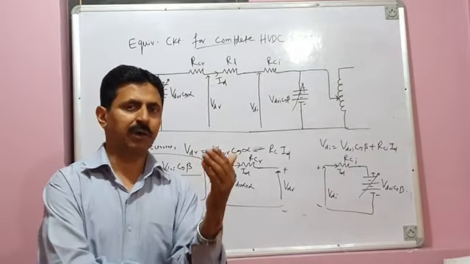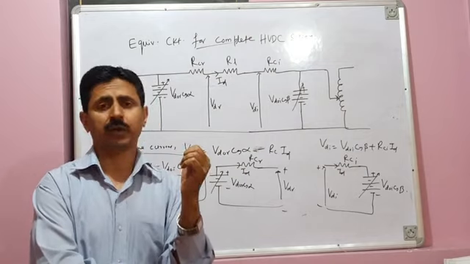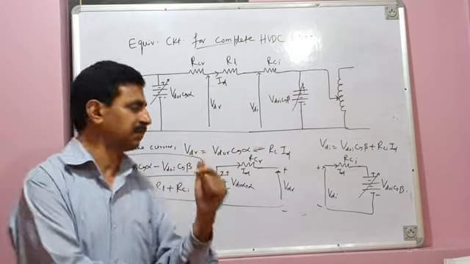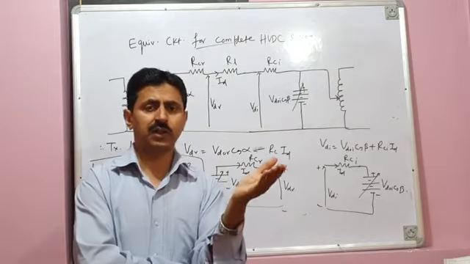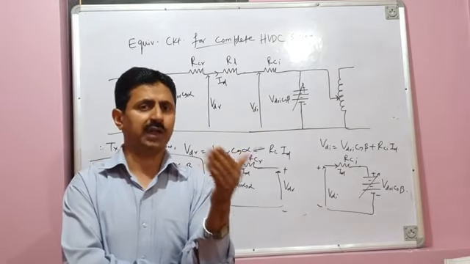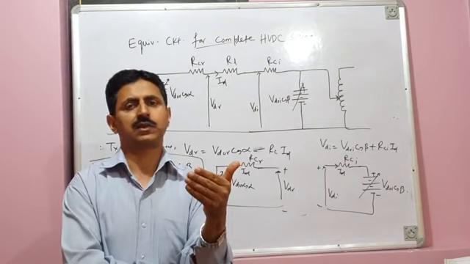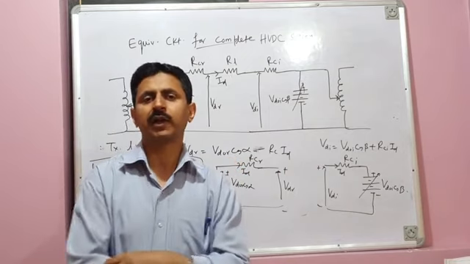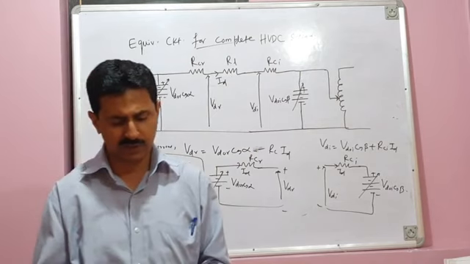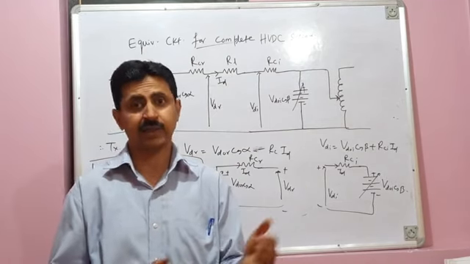So this is about the electrical equivalent circuit of the complete HVDC transmission system, and a very important equation. This equation we will be using in future when we discuss the control techniques or controllers for HVDC power transmission systems.